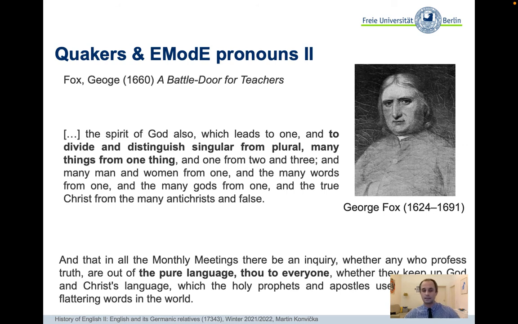So what he says here basically is that the use of the same pronoun for the plural and for the singular is something that goes against God, against the idea of religion.